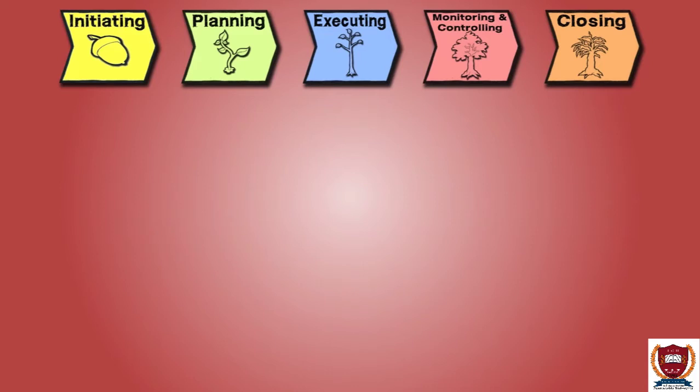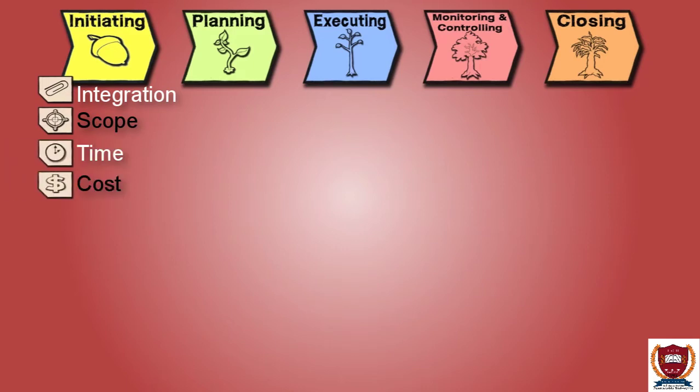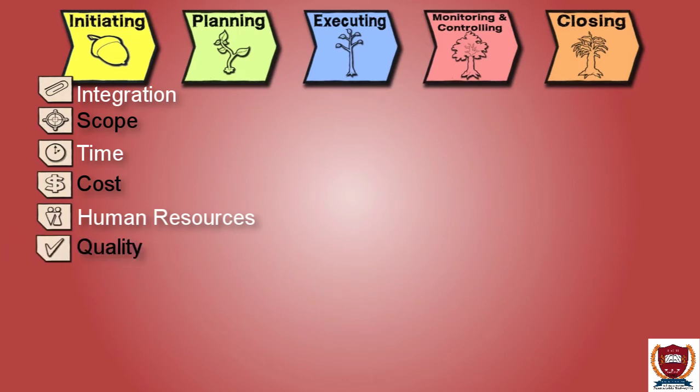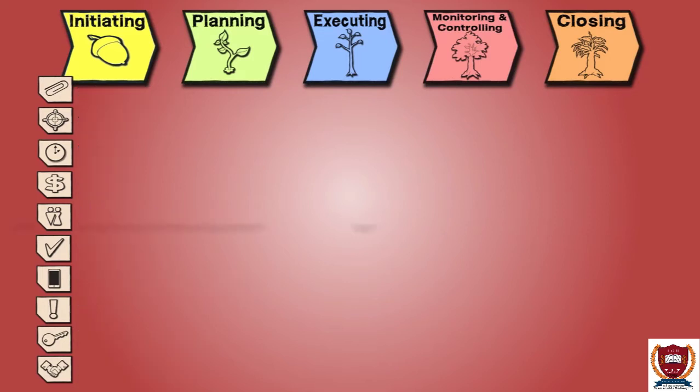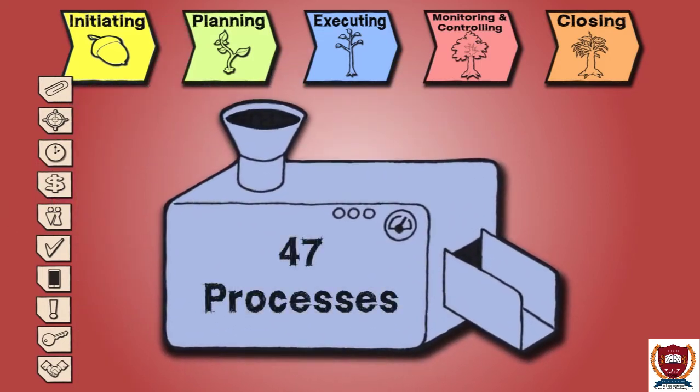These steps are known as knowledge areas, and these knowledge areas are integration, scope, time, cost, human resources, quality, communications, risk, procurement, and the stakeholder management knowledge areas. Within the framework of the project management matrix, there are 47 distinct processes that a project manager will use to guide and complete a project.